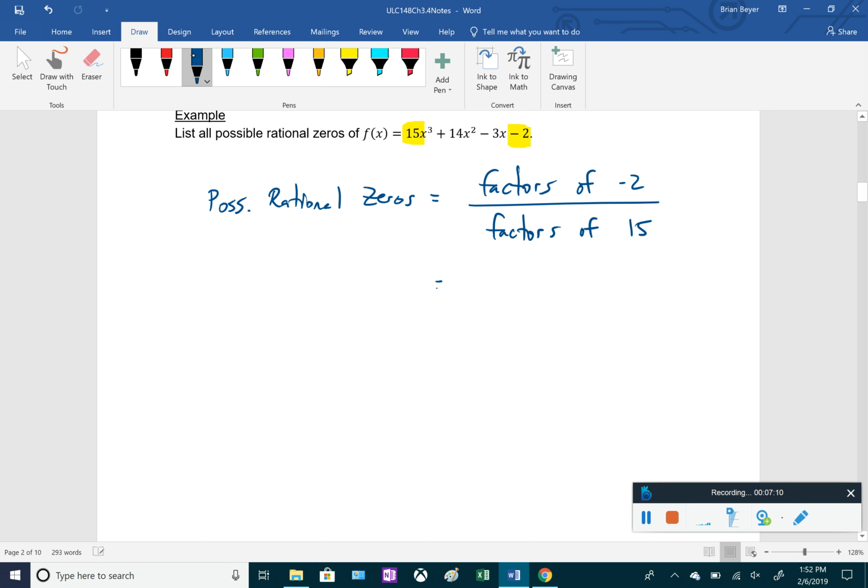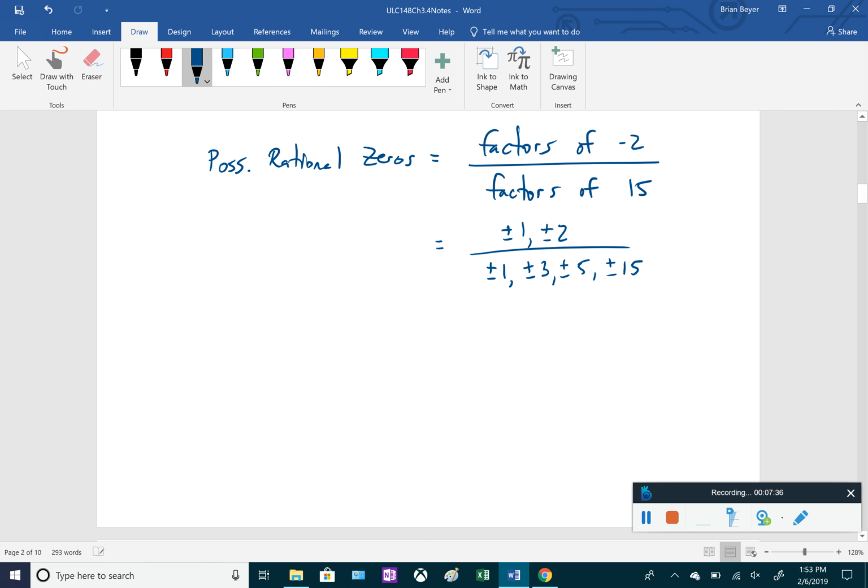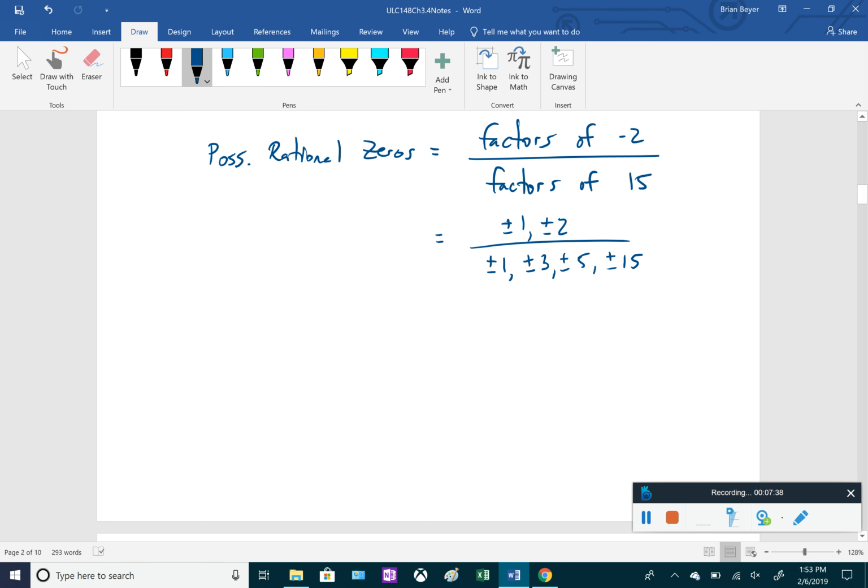Okay, so this one, factors of negative 2, that's just going to be 1 times negative 2, or negative 1 times positive 2. So plus or minus 1, plus or minus 2. Factors of 15, we can have 1 times 15, 3 times 5. Also, their negatives. So plus or minus 1, plus or minus 3, plus or minus 5, plus or minus 15. So a little bit more annoying for this one.